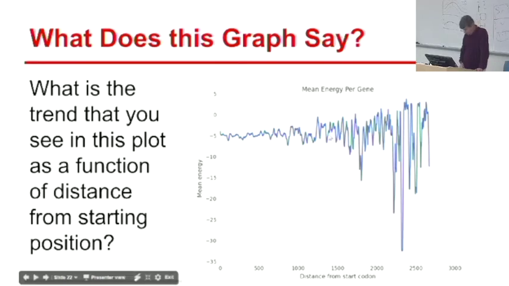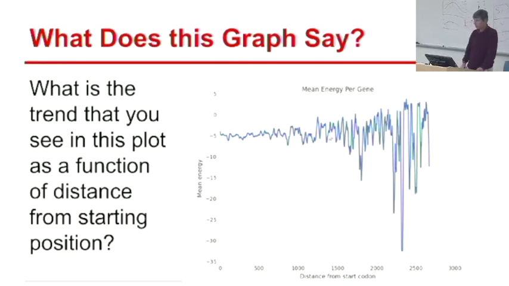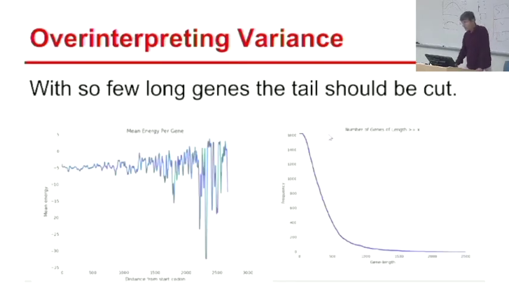Can anyone imagine why there was such variance on a plot like this? She was showing the average energy at a position, averaged over a bunch of genes. Most genes are short. This is showing the number of genes of a given length, right? Does everybody see this?